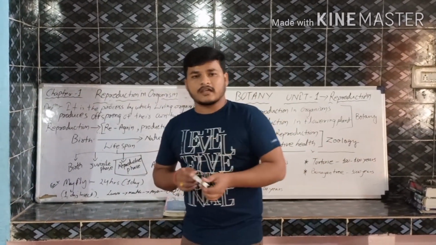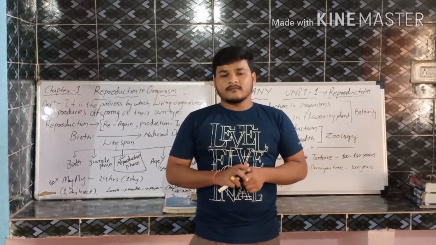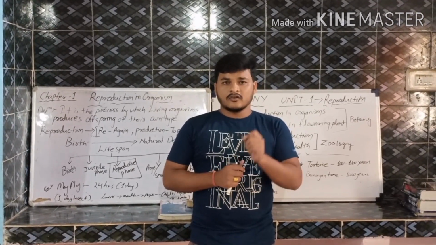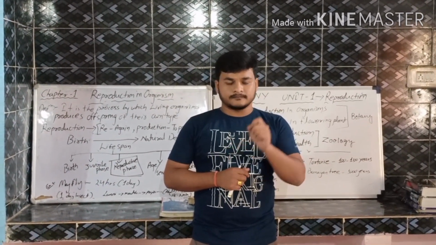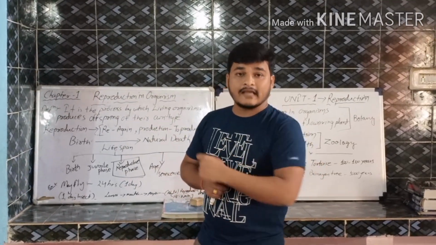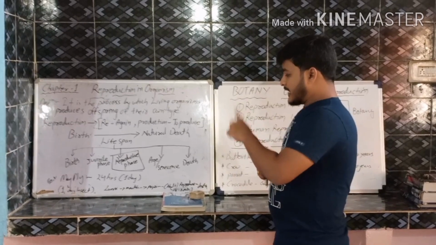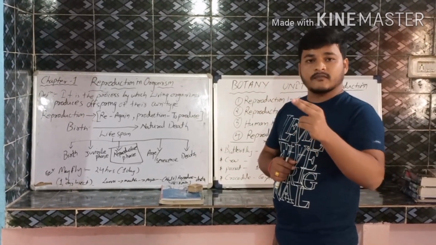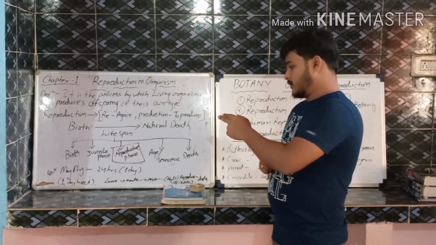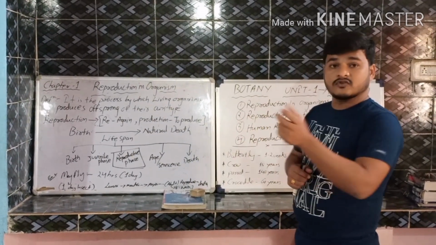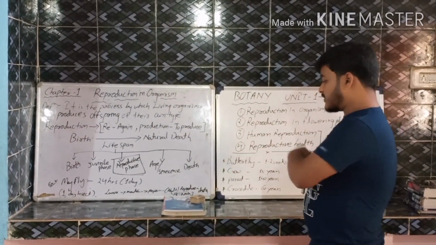Some examples I am giving you: the mayfly is an insect which lives only 24 hours, meaning its total lifespan is 24 hours. In these 24 hours, it develops from larva to pupa to the adult stage, and from the adult stage it reproduces.